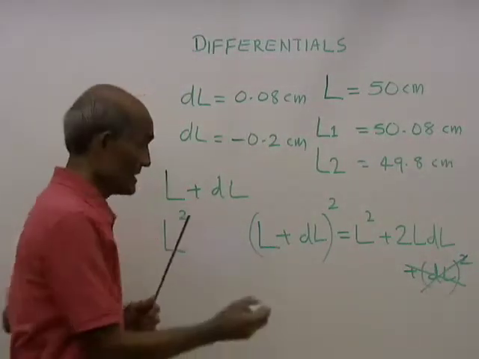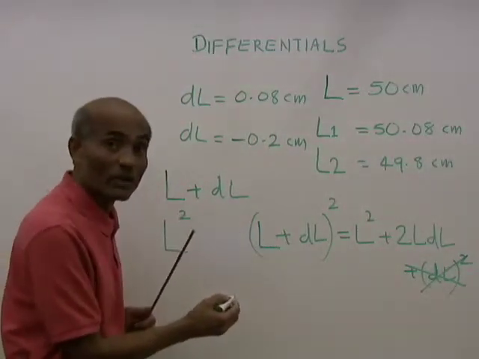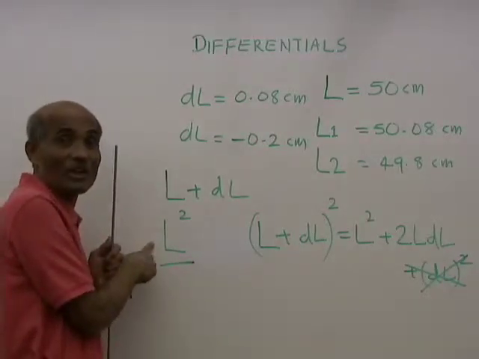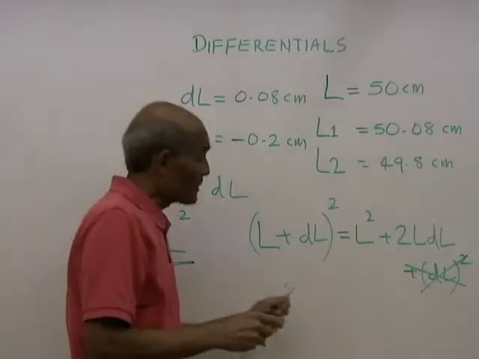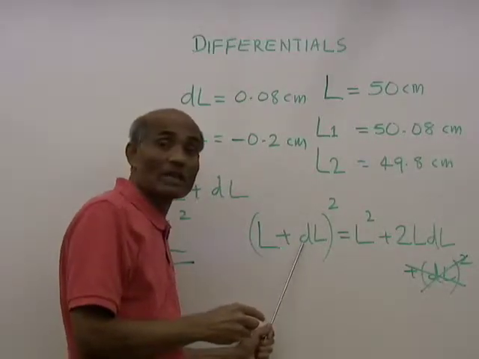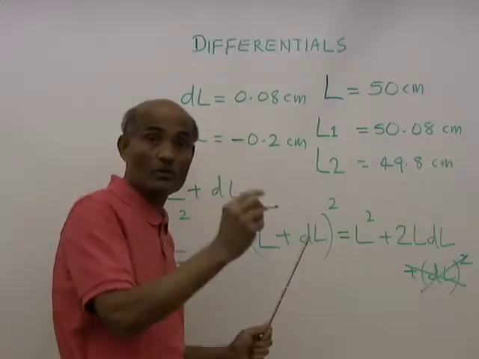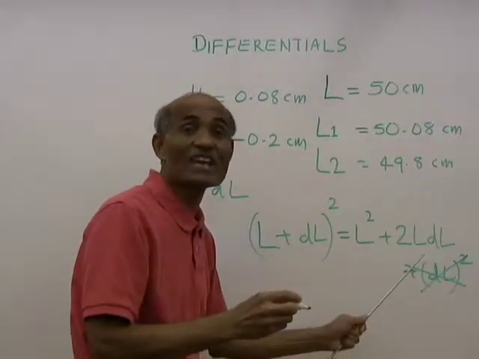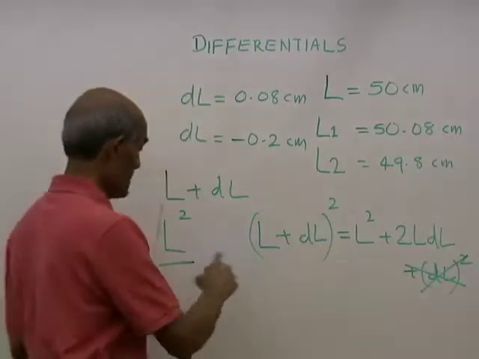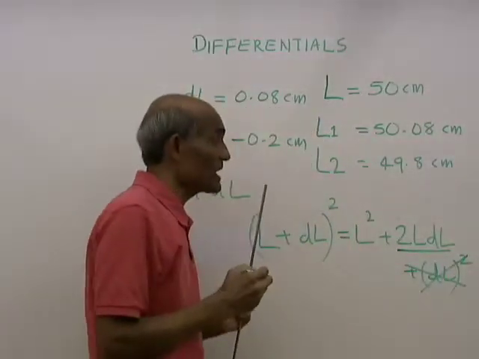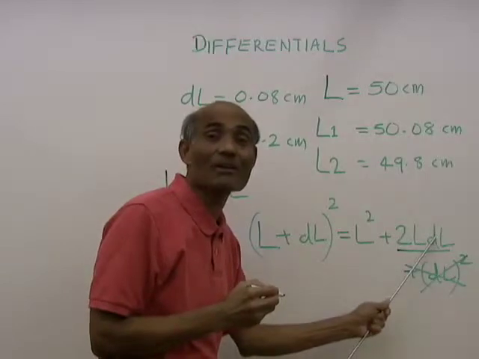Now look at this. If there is no error, the student will be using this quantity in the calculation, L squared. Because of that small error DL, in the calculation of the square of that quantity, what is the error involved? In place of L squared, you got now L squared plus 2L dL.